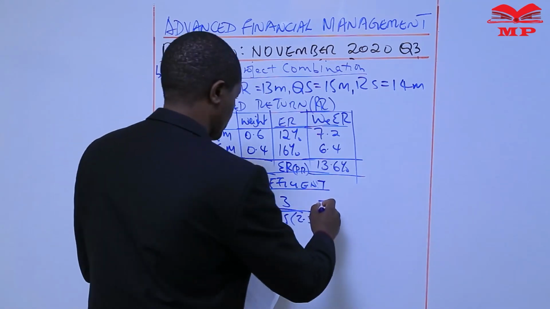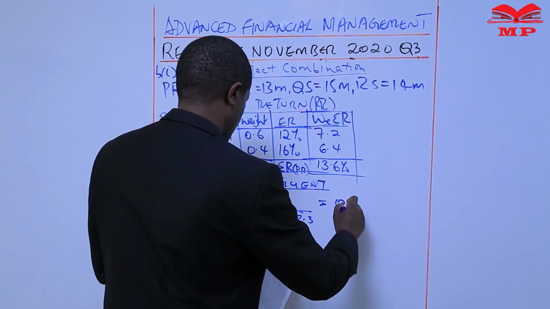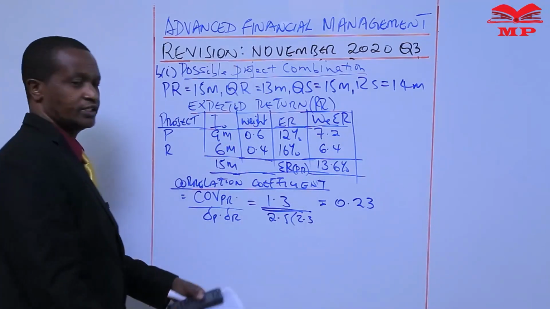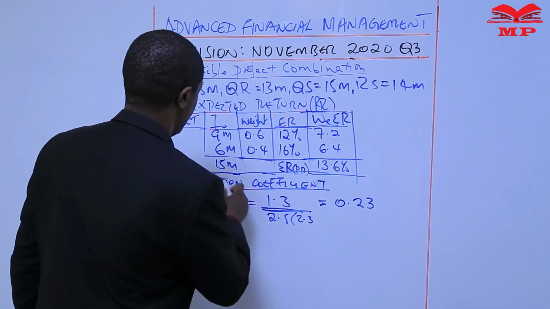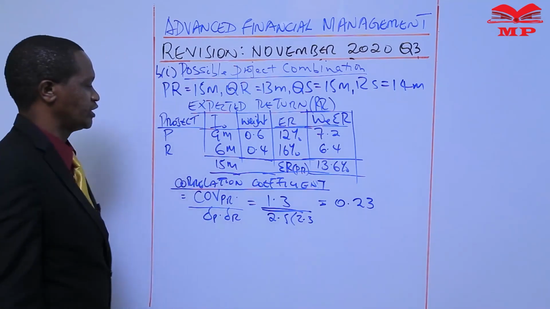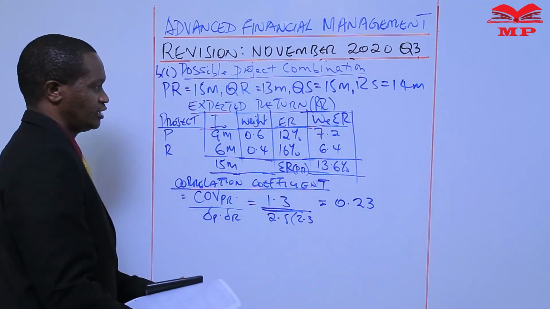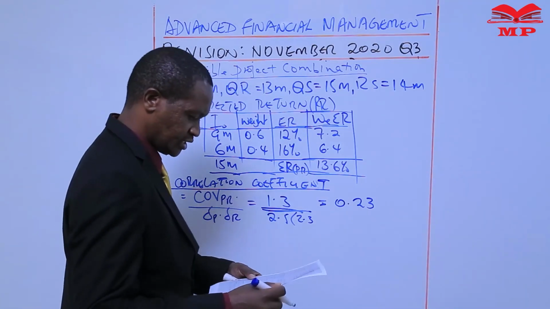This is equal to 0.23. 0.23 is the correlation coefficient.